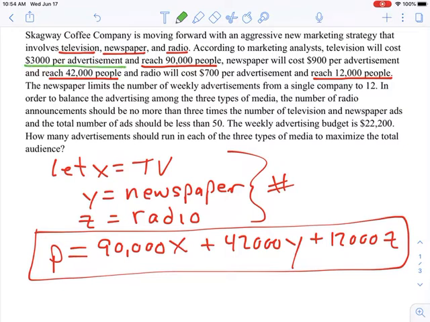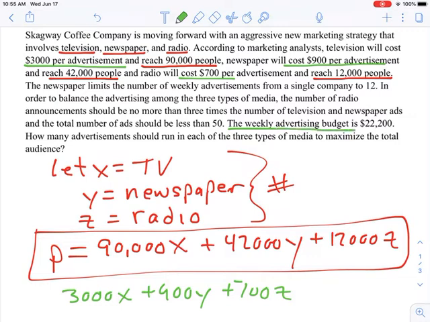So that sounds like 3,000 times an X. And then newspaper will cost $900 per advertisement. That sounds like 900 times Y. And radio will cost $700 times Z. Well, if this is going to be a constraint, we need to know what it's going to be less than, equal to, or greater than. So that's when we go down here and it says the weekly advertising budget is $22,200.